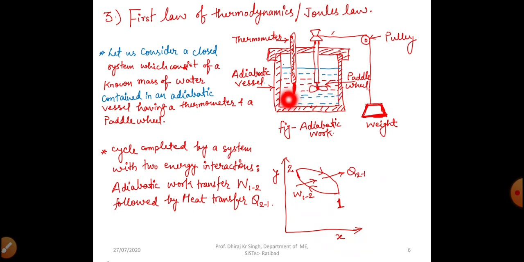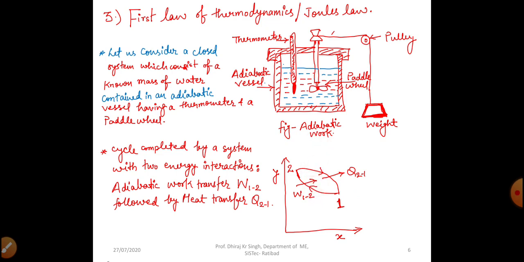The system was initially at temperature T1, the same as that of the atmosphere, and after work transfer let the temperature rise to T2. The pressure is always 1 atm, inside and outside. The process 1 to 2 undergone by the system is shown in the second figure, 1 to 2, W12, right?